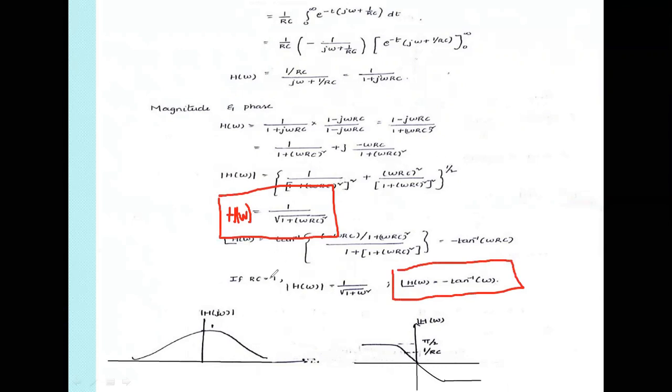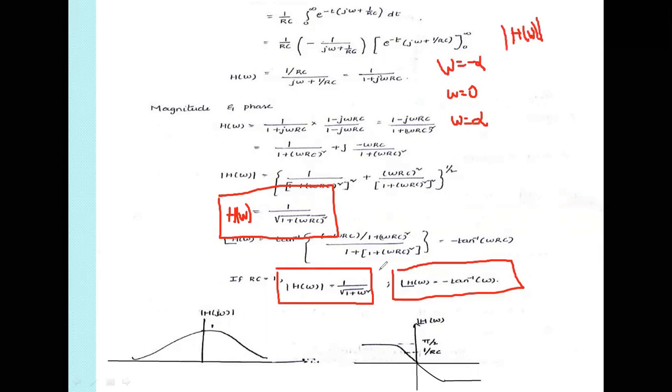When RC is equal to 1, which we considered, the magnitude is 1 by root of 1 plus omega square and the phase is minus tan inverse omega. In this, we can substitute omega equal to 0, omega equal to infinity, and omega equal to minus infinity. What is the magnitude and the phase?